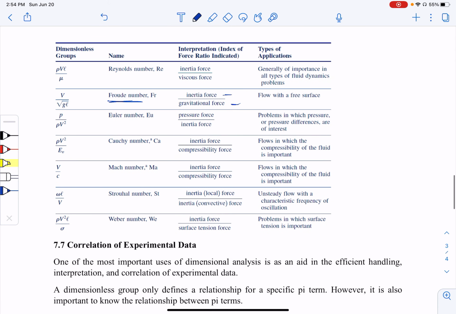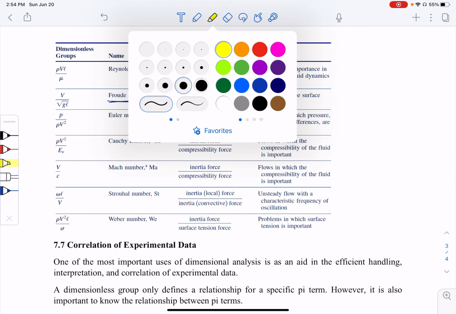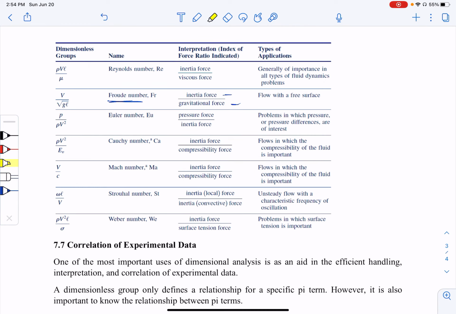But one of the most important of these dimensionless groups is the Reynolds number, which is the inertial force over the viscous force. This is one of the important formulas that we're going to use in, I think, the next chapter: rho V L over mu.